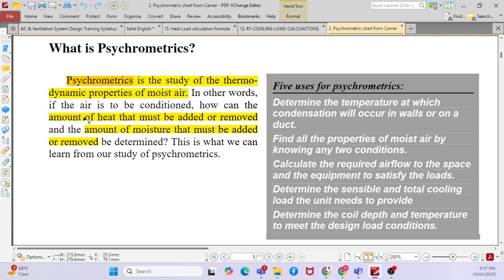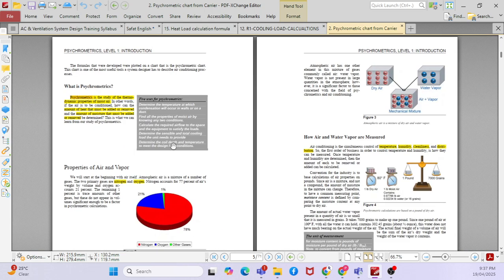In other words, if the air is to be conditioned, how much heat must be added or removed, right? So whether you want to do cooling or heating, you are going to understand from the external temperature, and based on the psychrometric chart, you are going to find out what has to be done, right?